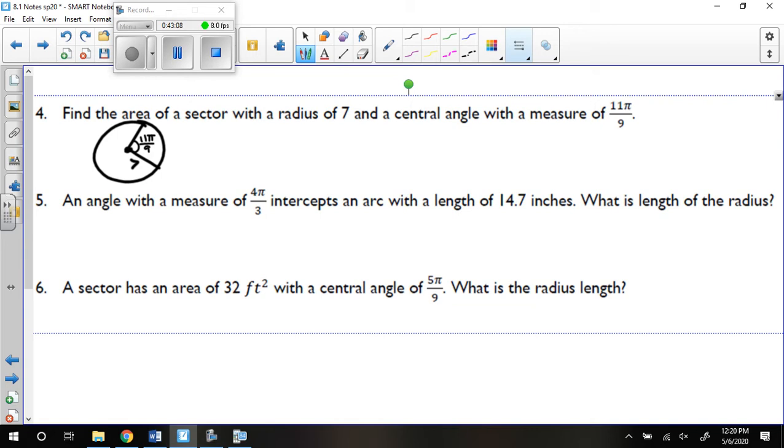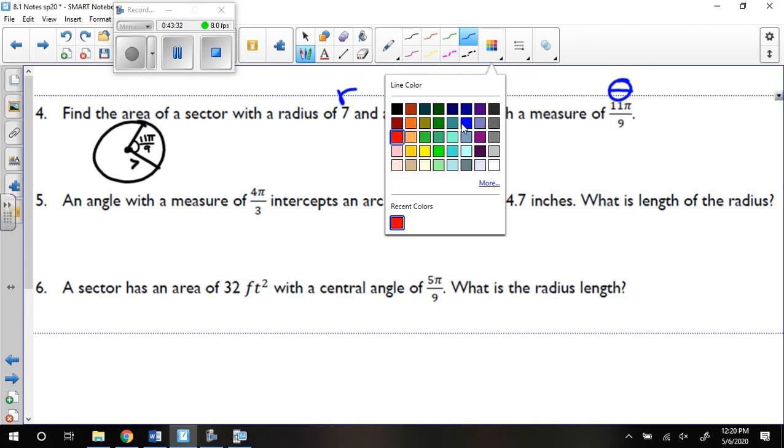And that, since it's in radians, is our theta. So this is theta, angle measure in radians, and then this is our radius, r. Since we're trying to find sector area, that's the area of this shaded piece here.